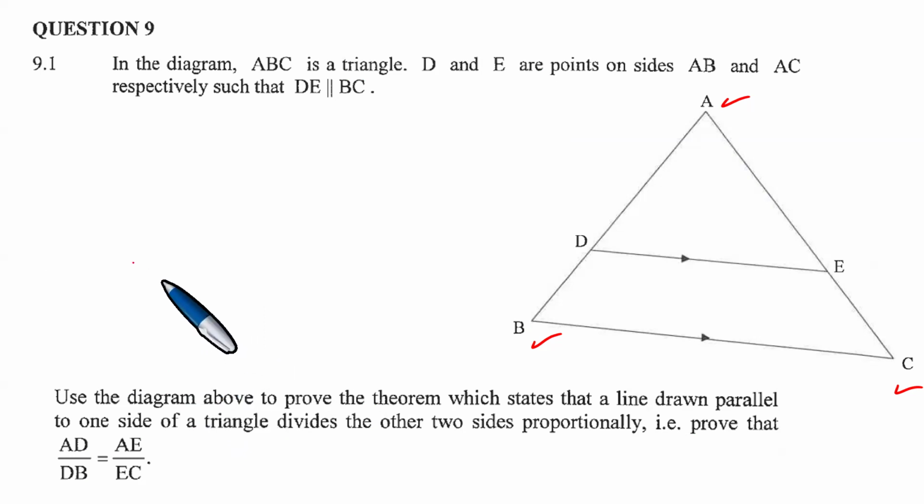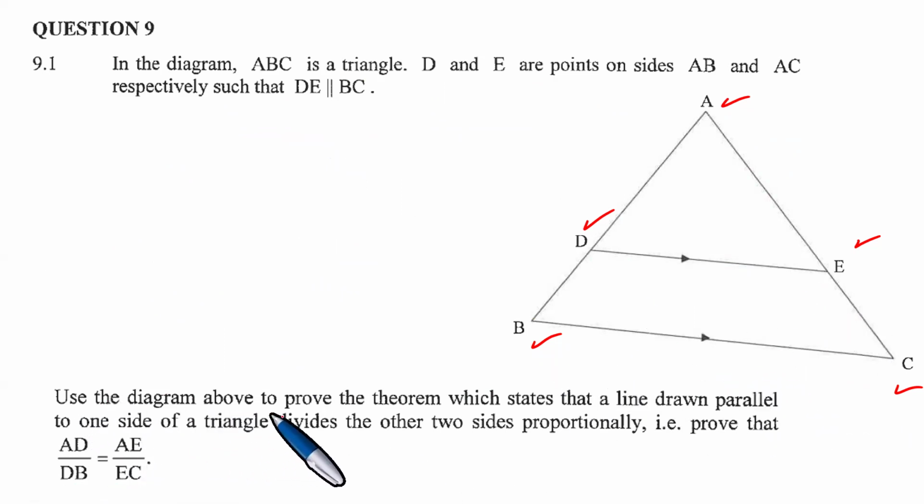Okay, right. So we have the situation where you have the triangle ABC, and D and E are points on sides AB and AC respectively, such that DE is parallel to BC.